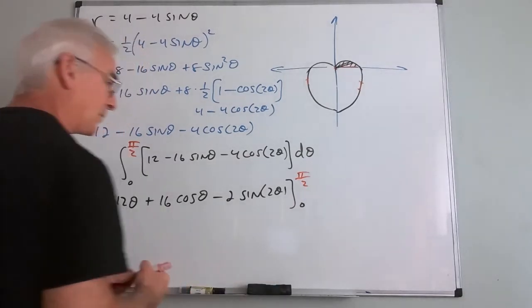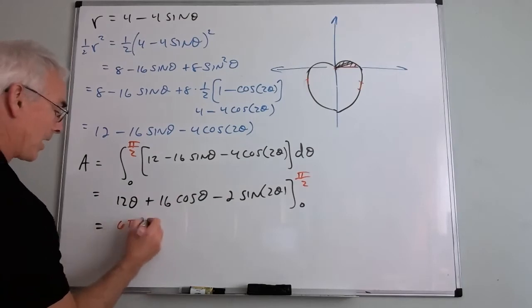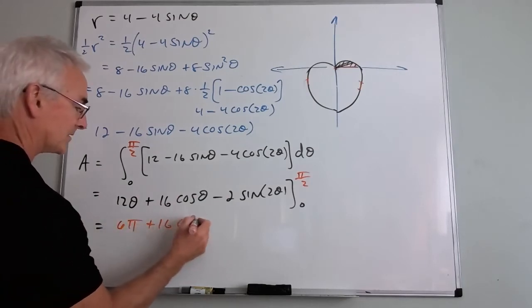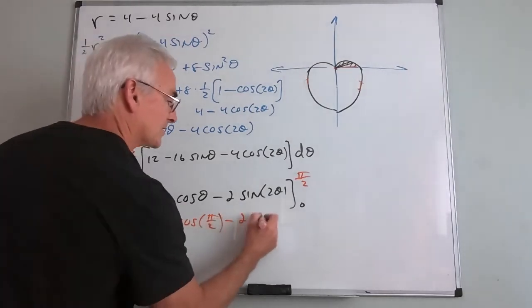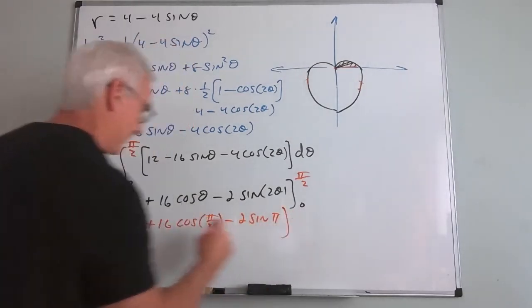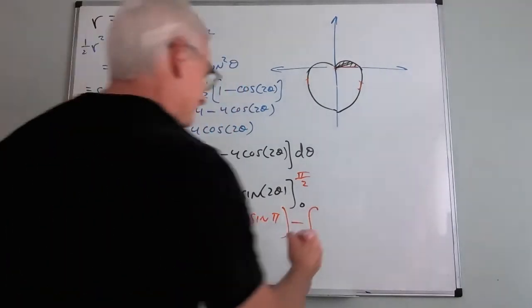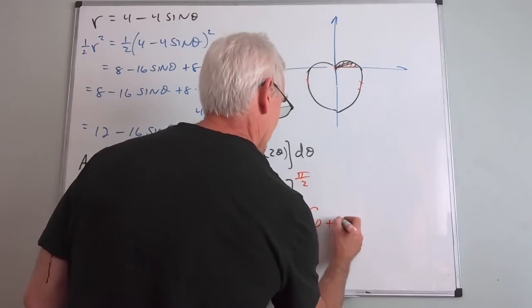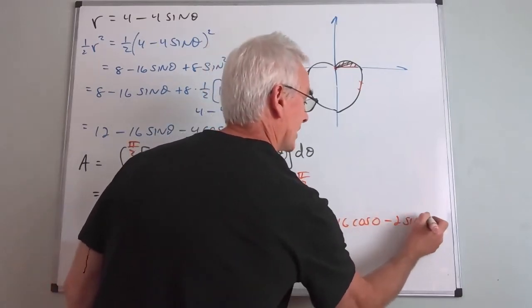All right, so when I evaluate this at pi over 2, that's going to give me 6 pi plus 16 times the cosine of pi over 2 minus 2 times the sine of pi, minus, now evaluated at 0, 0 plus 16 times the cosine of 0 minus 2 times the sine of 0.